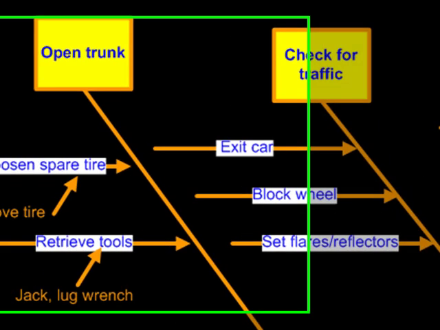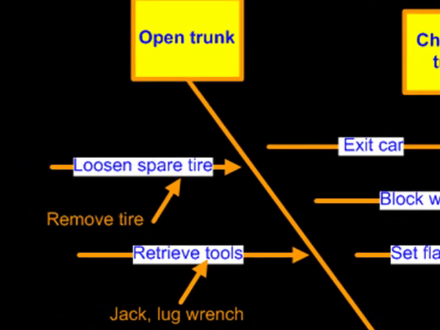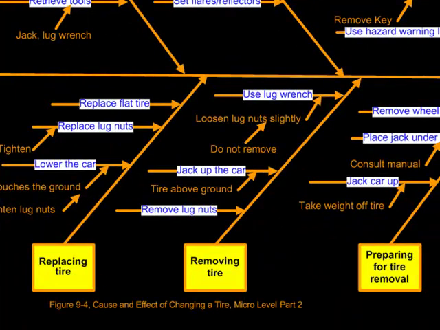How are we going to open the trunk and loosen the spare tire? Moving all the way around to the replacement of the tire and following all the procedures as outlined within the original policies, procedures, and guidelines.